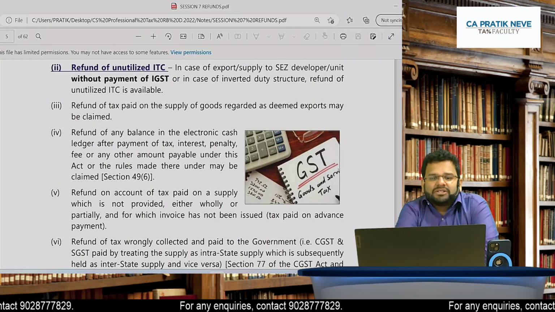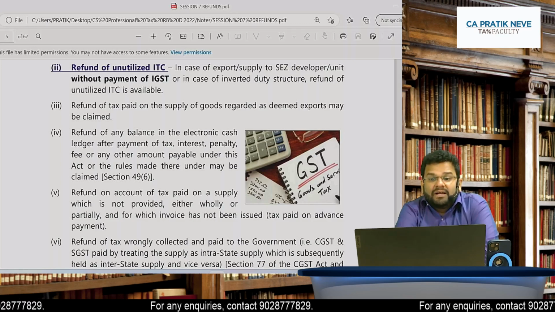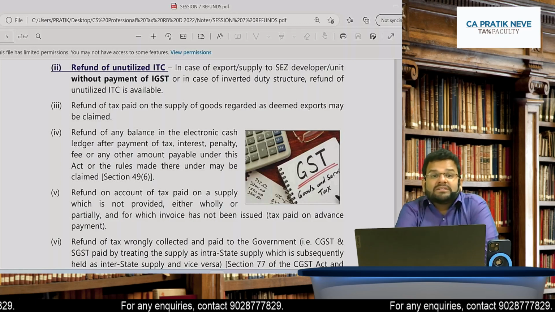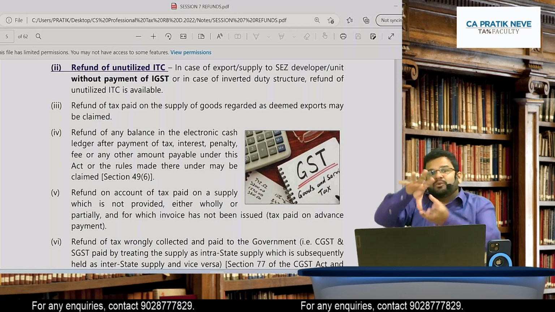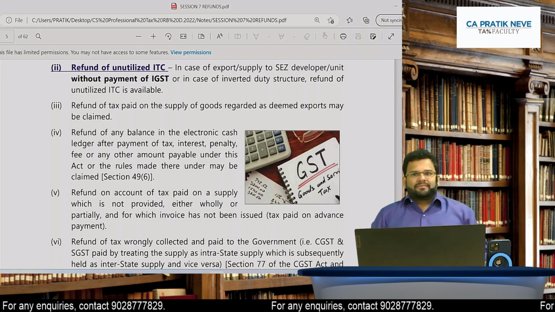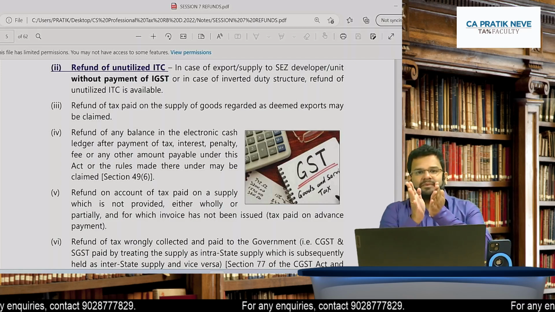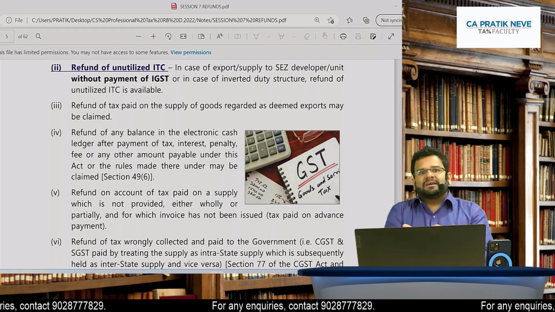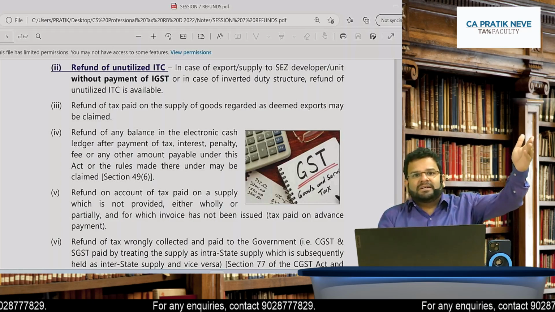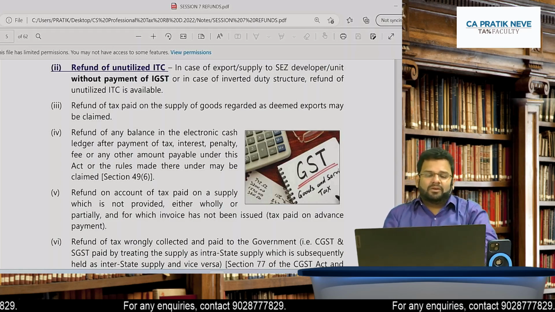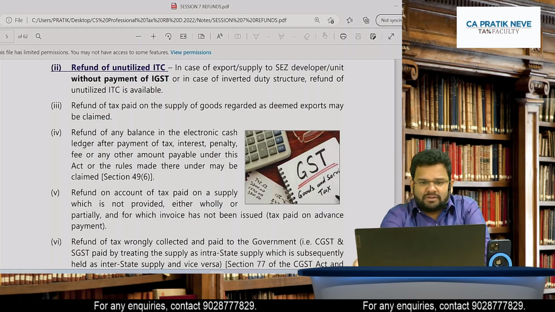Please let me know in the chat window. We are going to do questions on inverted duty structure also. Inverted means you can say twisted. Higher percentage on inputs and comparatively lower percentage on your outward supply is inverted duty structure.